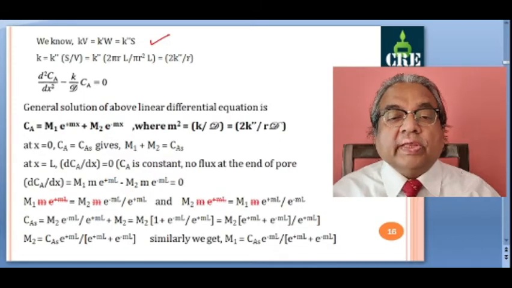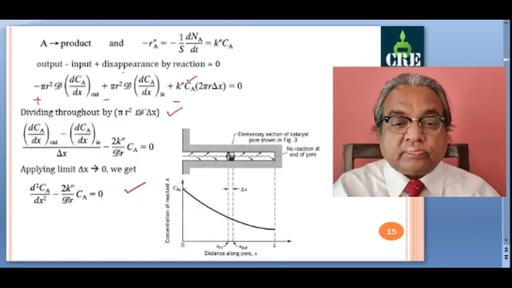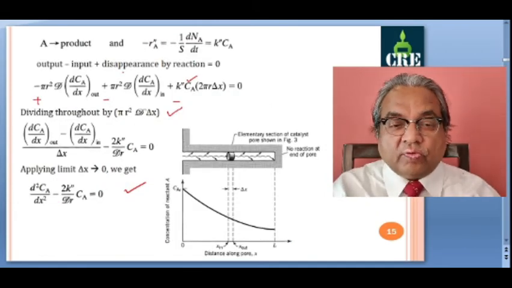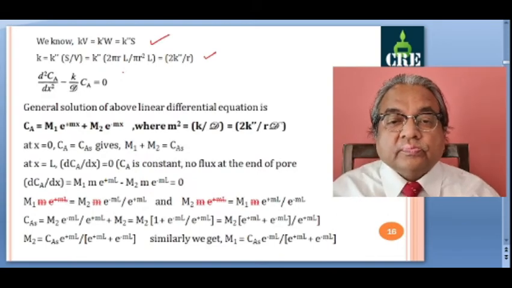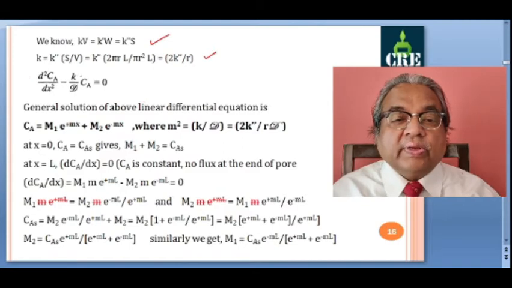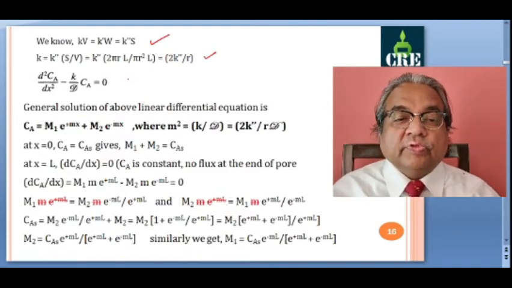So 2k double prime by r. So k is 2k double prime by r. We have replaced 2k double prime by r by this small k, with these definitions.